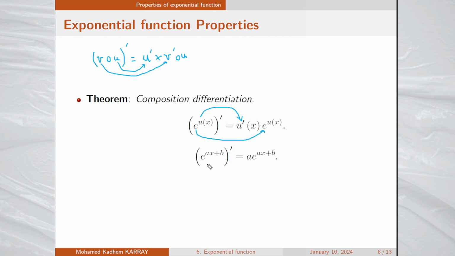In particular, the derivative of exponential of ax plus b will be a, which is the derivative of ax plus b, multiplied by the exponential of ax plus b.